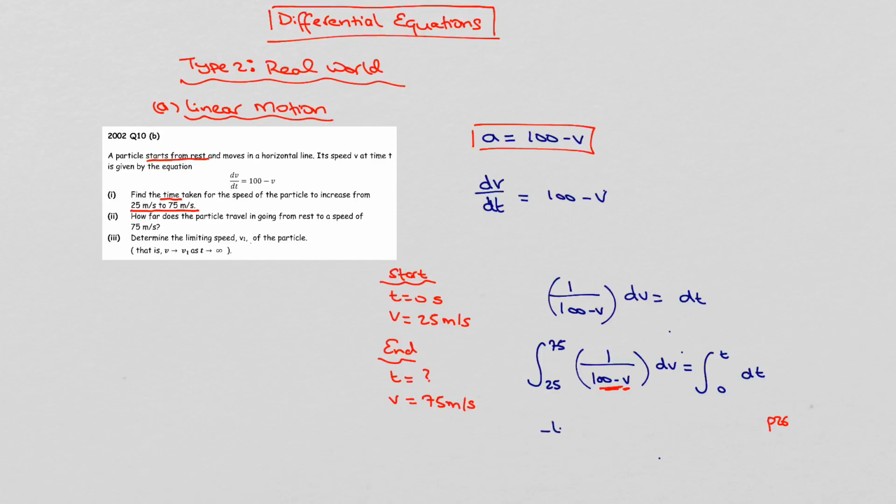So therefore that gives us minus natural log of 100 minus v, with limits 75 and 25. And if I integrate the right hand side with respect to t, I end up with t, with limits t and 0. Page 26 in the maths tables, I should say.